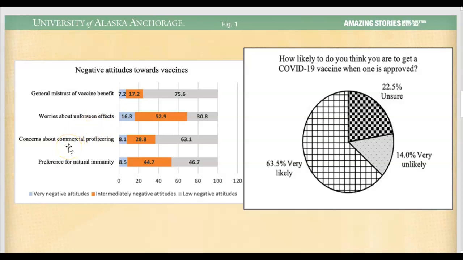Other concerns are about commercial profiteering, and somehow the pharmaceutical companies are manipulating things financially and don't have anyone's best interest, and so on and so forth. And then there's this natural immunity phenomenon, which is really a marketing term that's been promoted by the likes of Mercola and these outfits that will sell all kinds of fake cures for a significant amount of money.